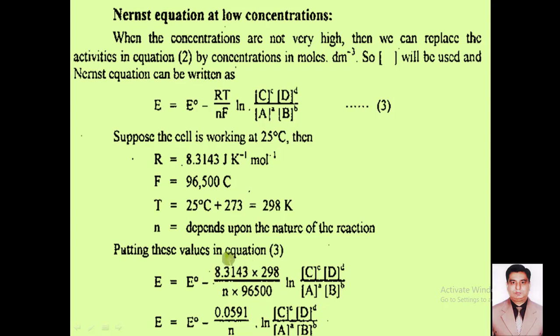When we multiply 8.3143 with 298 and divide by 96500, the answer will be 0.0591. So this equation can be simplified as E is equal to E naught minus 0.0591 over n into log natural [C]^c[D]^d over [A]^a[B]^b.